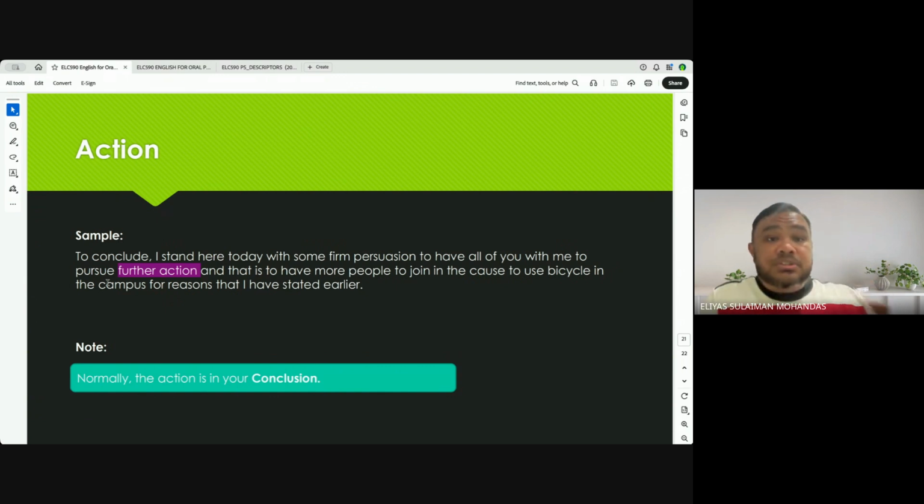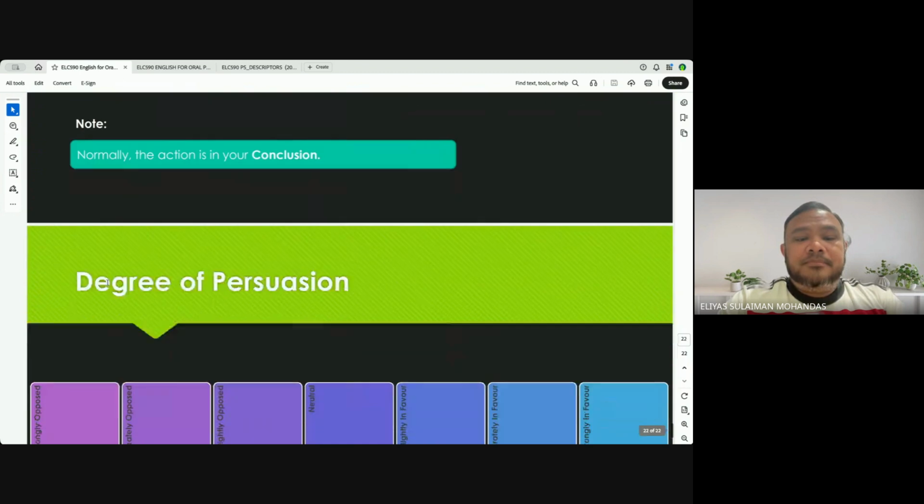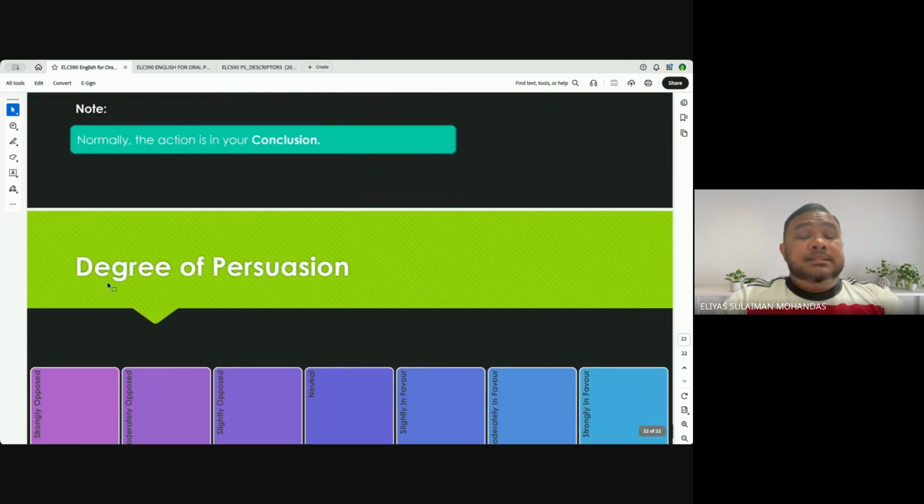So I even use the word action to tell the audience that I have included the fifth element or the fifth sequence of Monroe's motivated sequence, which is action, in my final paragraph, which is my conclusion, right? And that is basically how you integrate all five elements of Monroe's motivated sequence in your five paragraphs of your persuasive speech.